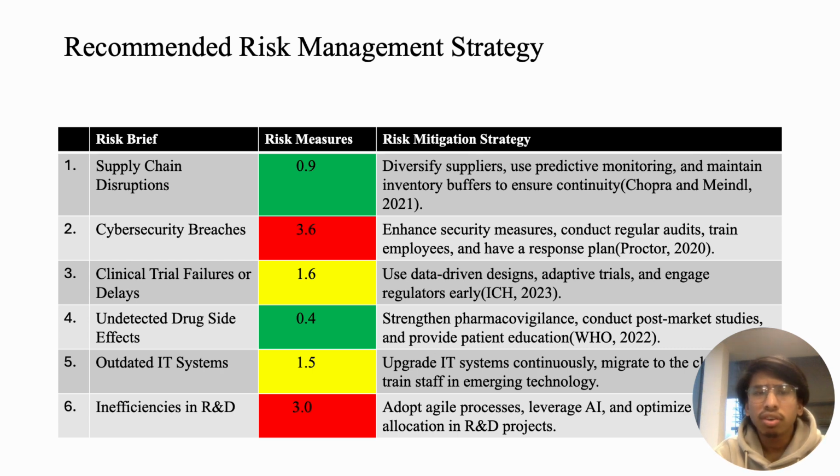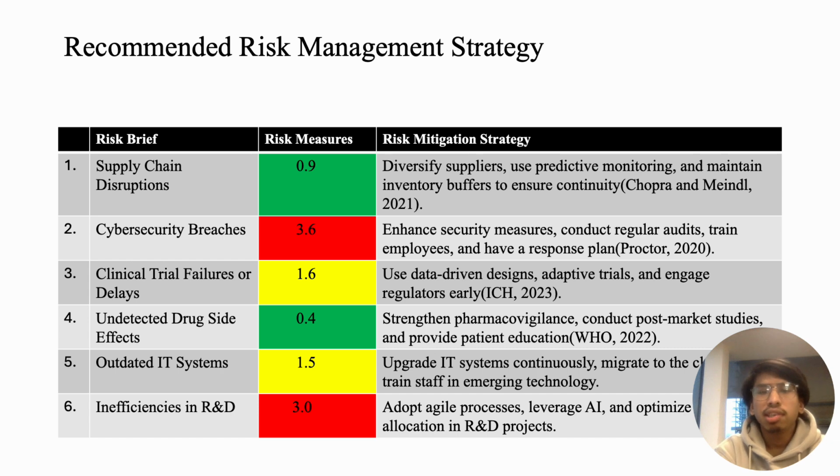For clinical trial failures or delays, what they can do is use data-driven designs, adaptive trials, and engage regulators early. For undetected drug side effects, conduct post-market studies and provide patient education. The awareness program can help a lot.